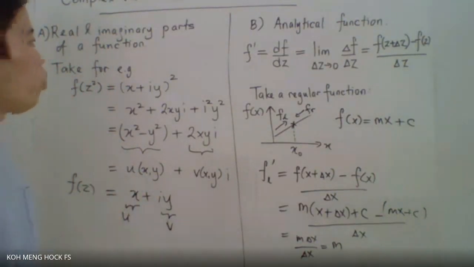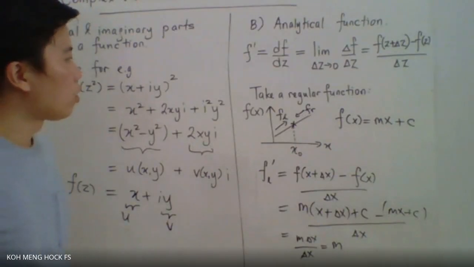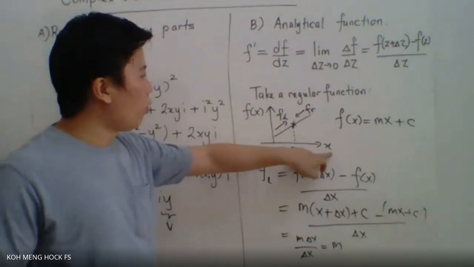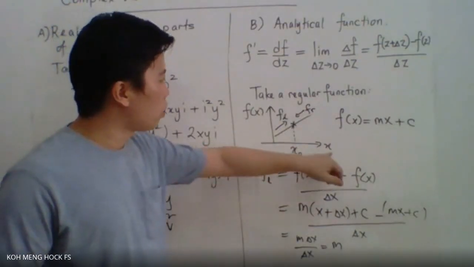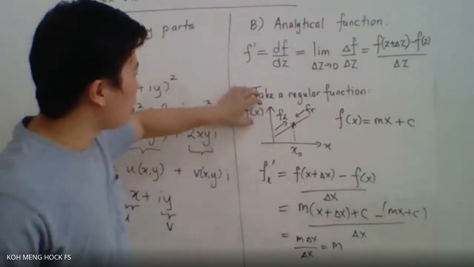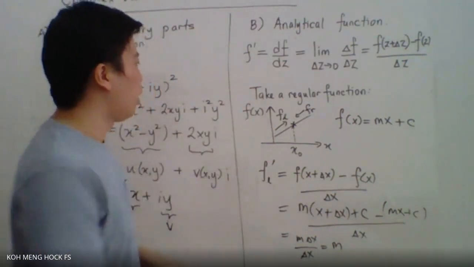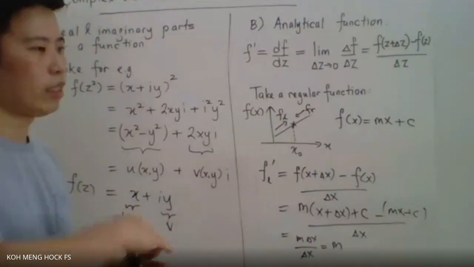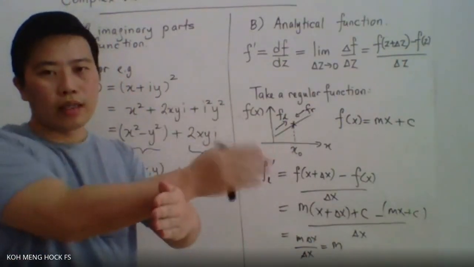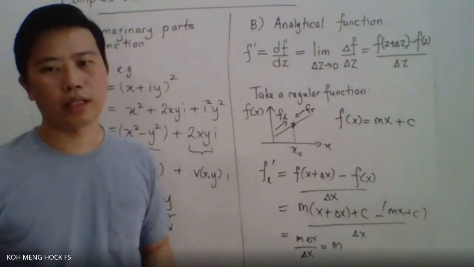So now when you go to a complex function, this is going to be complex. You know why? Because when you write in terms of a complex function, this is going to be a function of x, but here this is going to be y, and you have kind of like a 3D plot. Or you have x, y, and then you have z, which is your complex number.